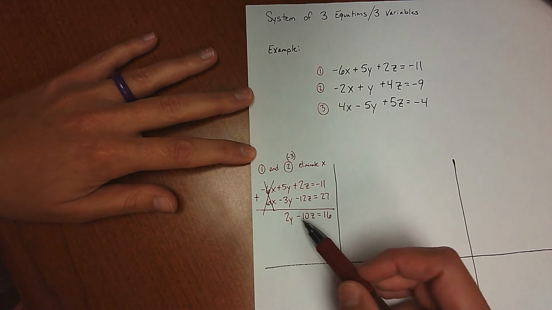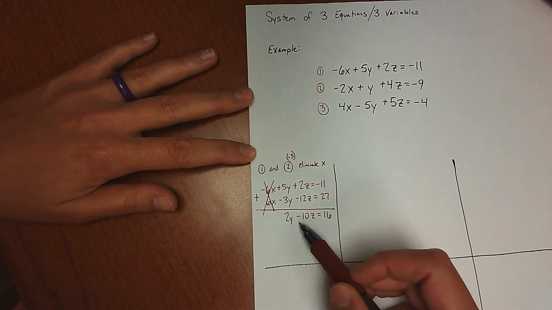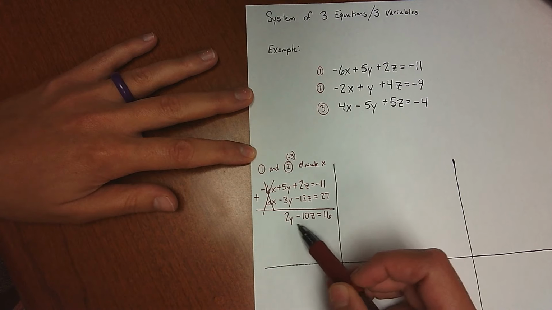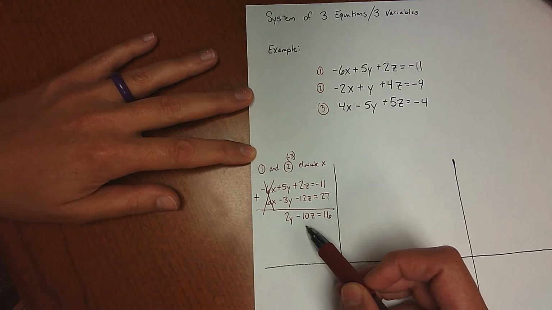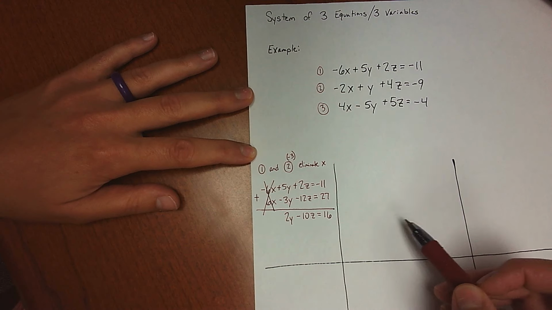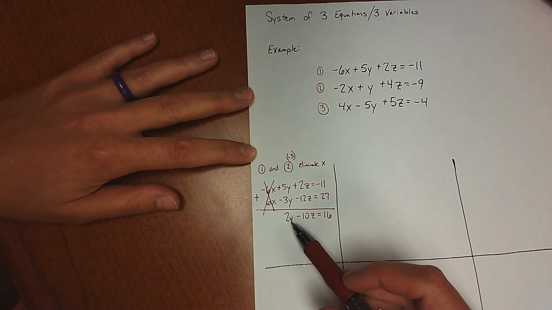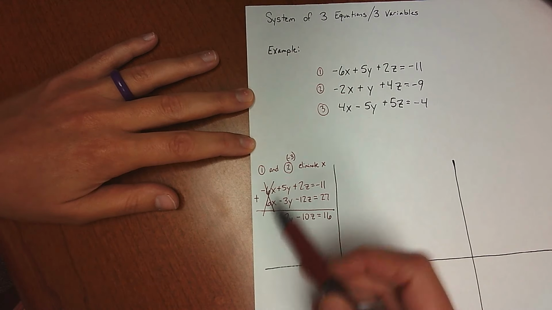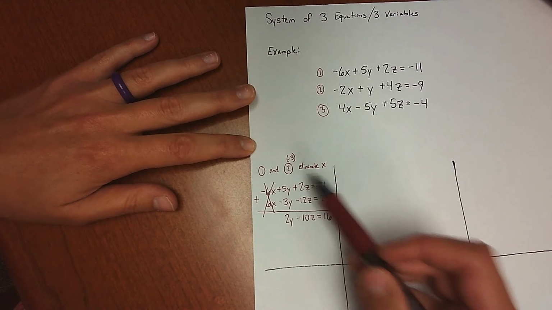Alright, so this equation, I can't solve for a variable because I still have 2 variables. To solve a system of 2 equations, 2 variables, you need to have 2 equations. So I need to get another equation that only has y and z. So I need to do this process all over again, picking 2 new equations.